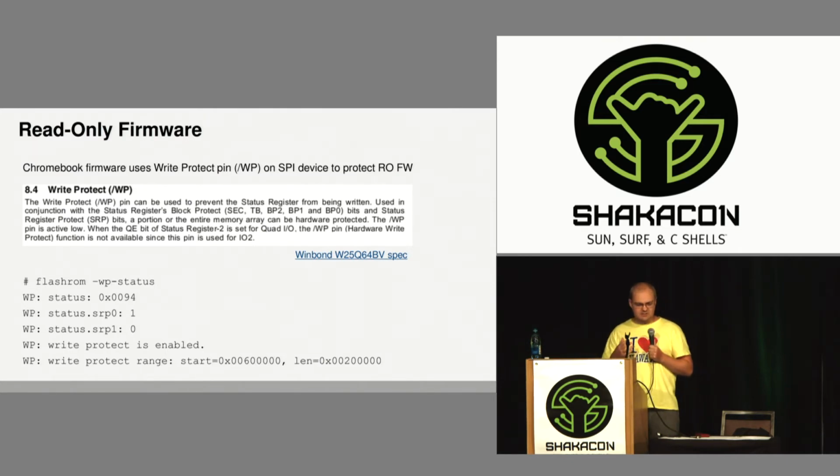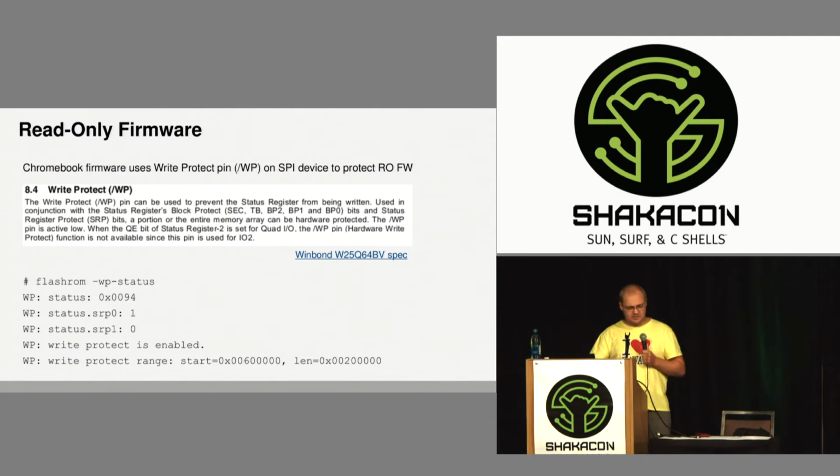That's the basic method by which the Chromebook system protects the read-only section in the SPI chip, which is the root of trust for the entire boot flow. And basically, in every Chromebook, there is a screw which asserts this pin.